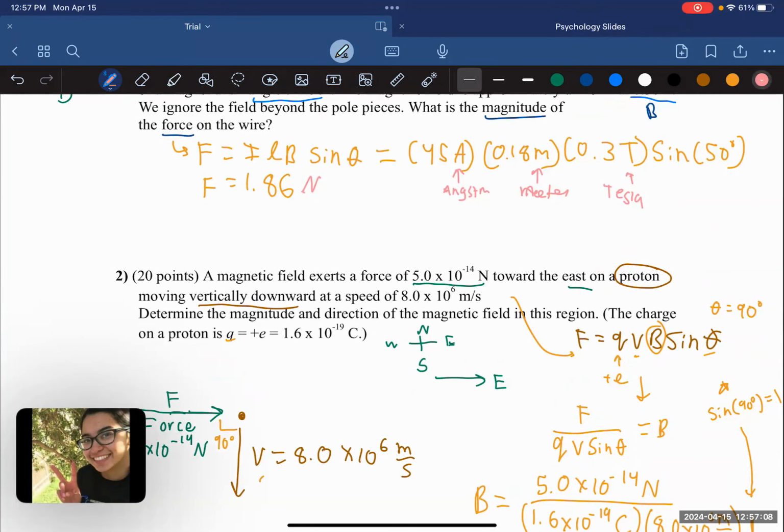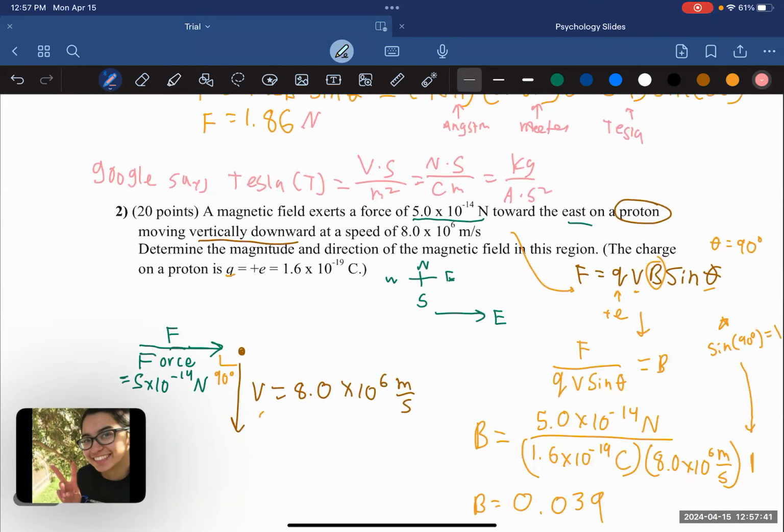So Google says Tesla is equal to a variety of things, such as volts seconds per meter squared, newtons seconds per coulomb meter, kilograms per ampere second squared, which is probably why I never was able to figure it out.